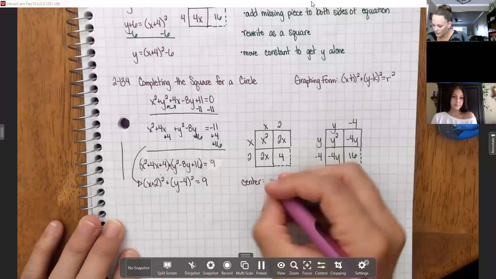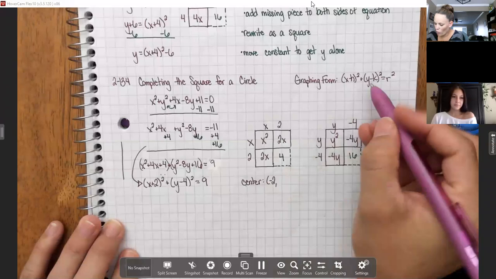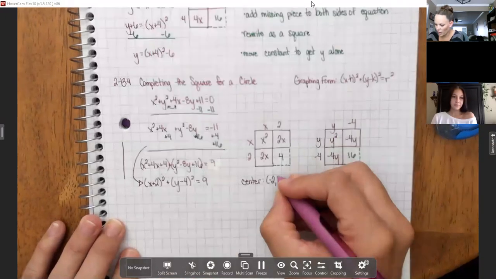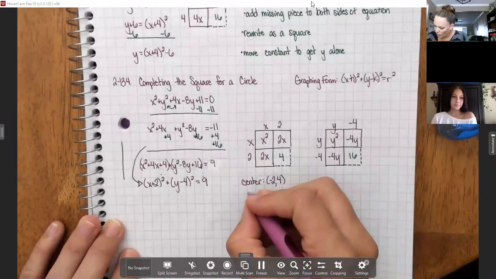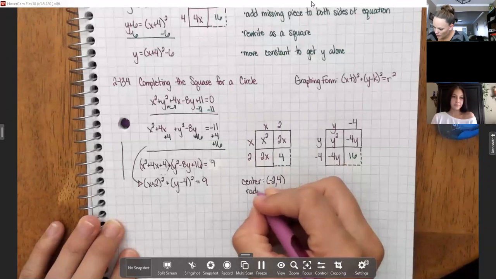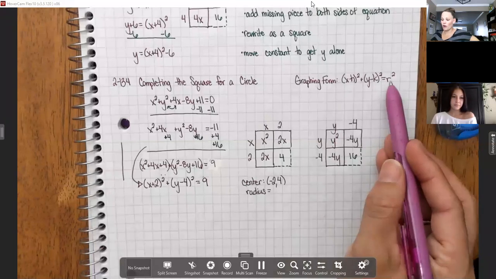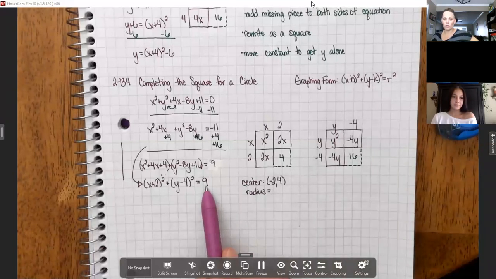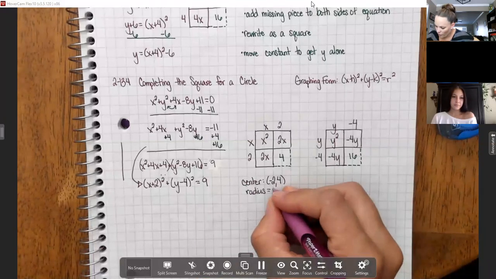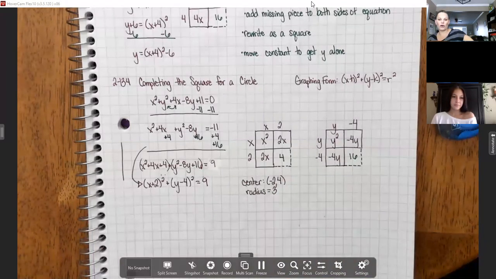Since this is a plus, it's a negative. And then y minus k, so 4: negative 2, 4. And our radius, remember it should be equal to r squared. So since this is equal to a whole number, we square root it and we get 3, because that's the square root of 9.